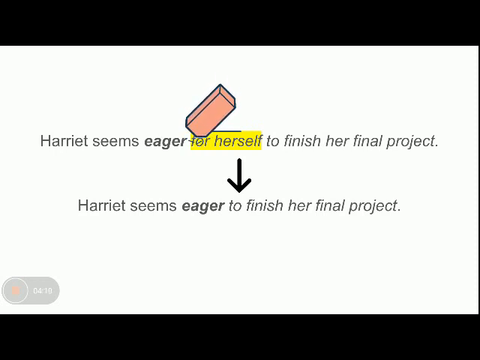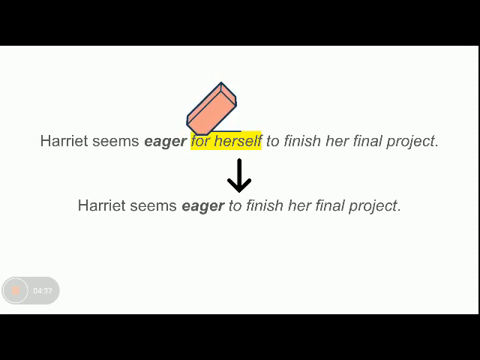For example, Harriet seems eager for herself to finish her final project. Harriet and herself are alike. They're the same. Right? Herself is Harriet. We just erase for herself. So the final sentence is Harriet seems eager to finish her final project.